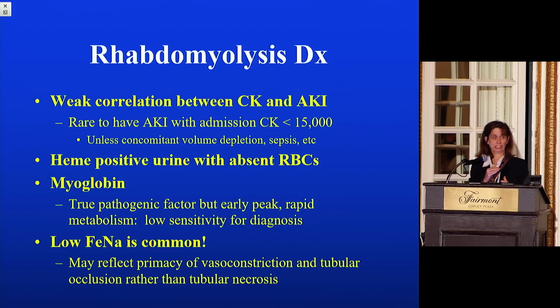CK goes up with muscle injury, but there's no good correlation as to when the CK is high enough to result in acute kidney injury. There's no safe level below which you can say this person is not at risk for AKI, or this AKI is not due to this rhabdomyolysis. So CK is roughly useful. We all use it, but it's not a perfect biomarker.